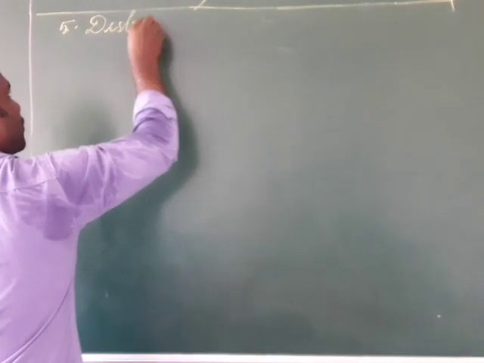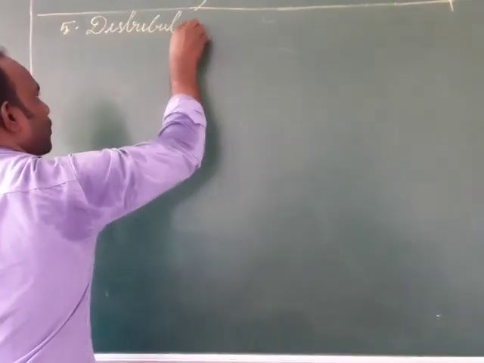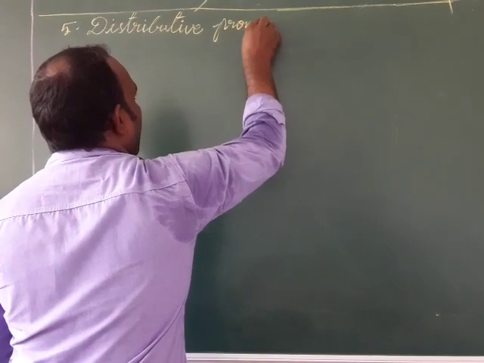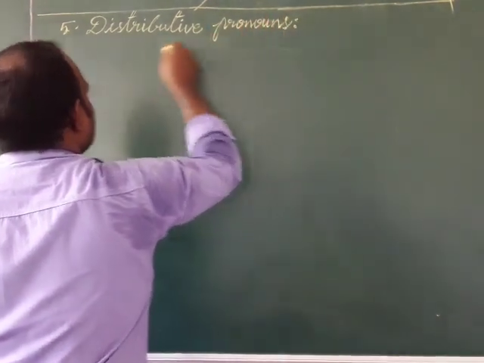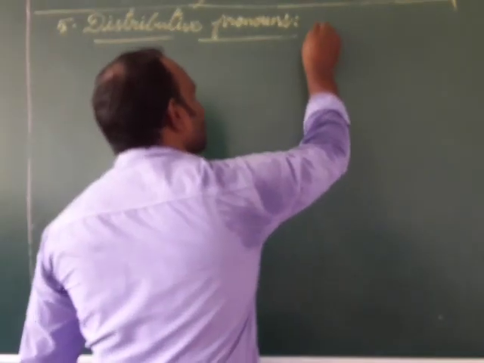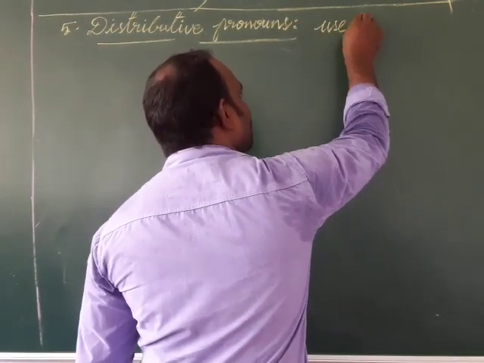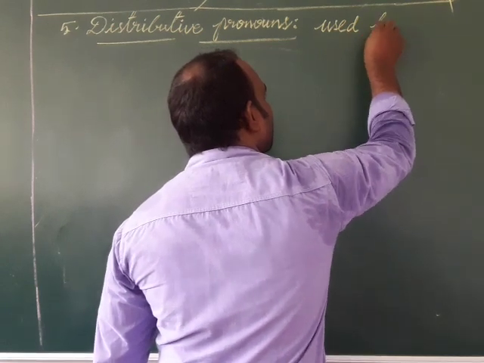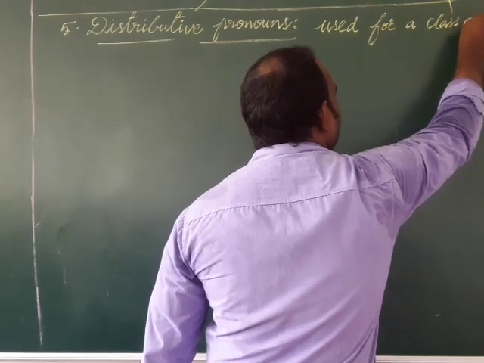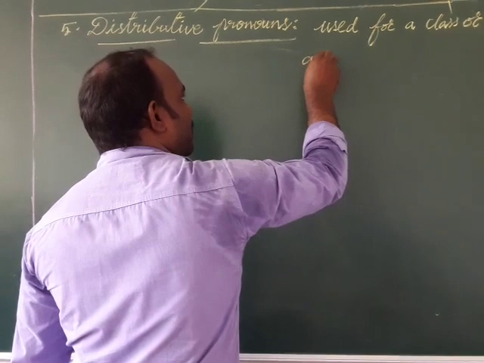The fifth type of pronoun is the distributive pronoun. Look at this one. These are used for a class or a group.